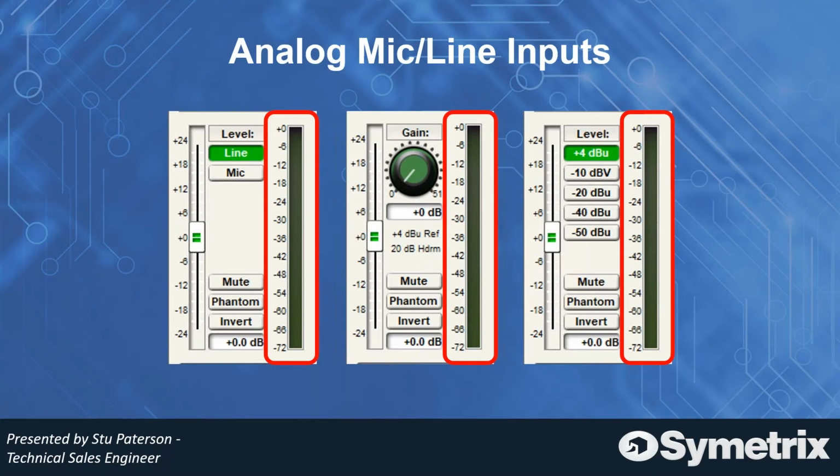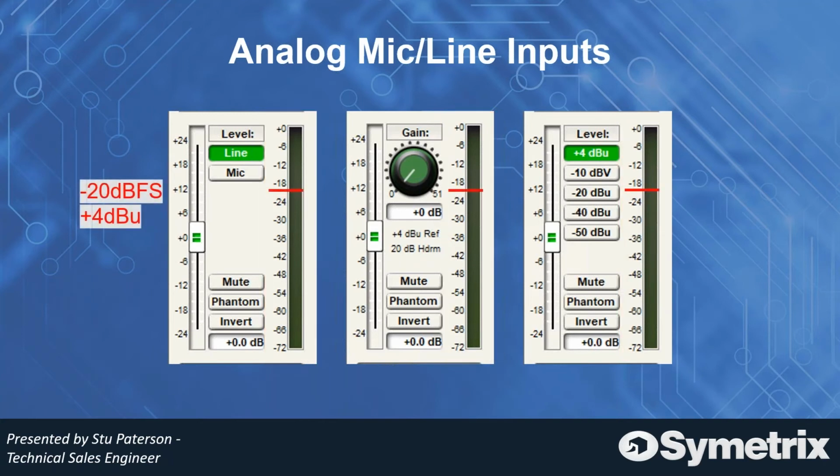So moving on. I mentioned before that we talked about +4 dBu, but what does that mean? You can clearly see these meters go from the top, which is 0, to the bottom, which is -72. That's because the meter is dBFS, which is dB full scale, so it's digital.